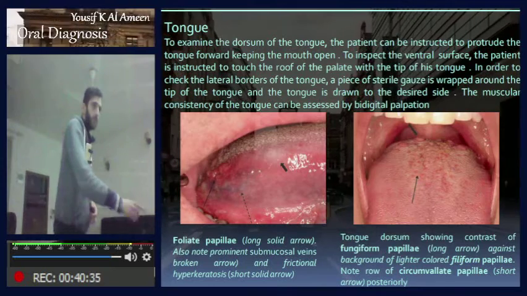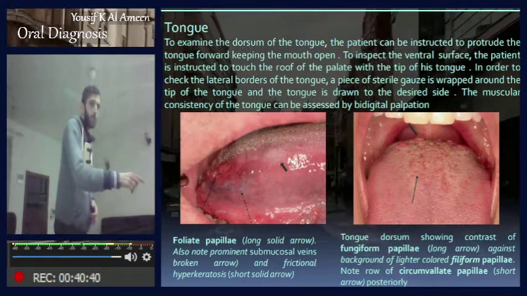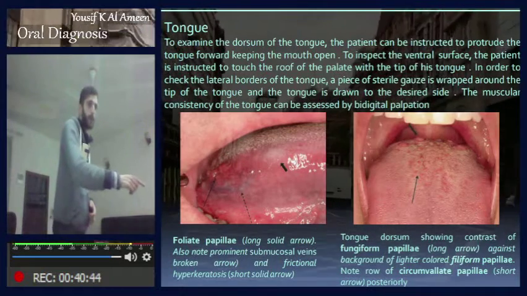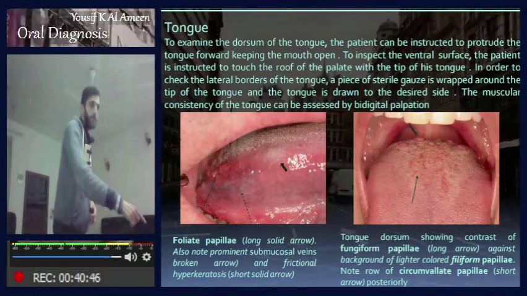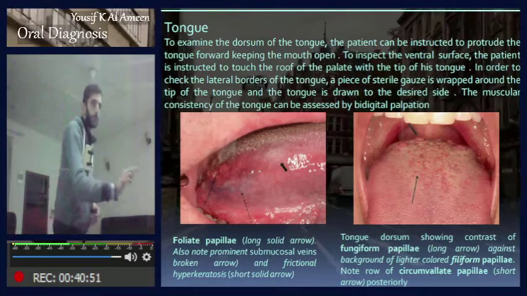Papillae, this one, with a long solid arrow, or foliate papillae, the first one here. Also note prominent submucosal veins, the second arrow, this one here.